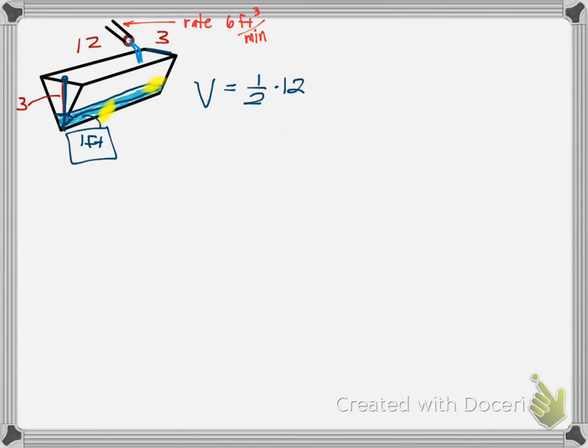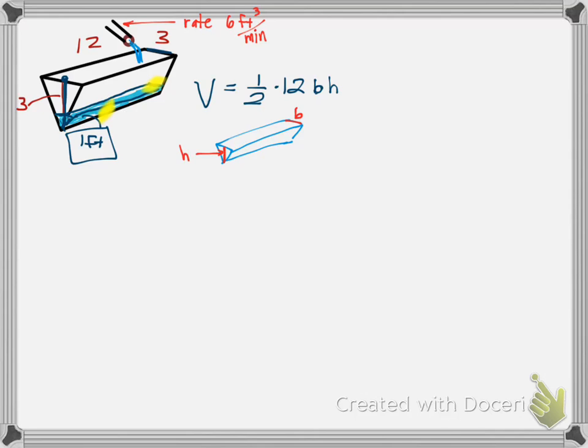So those are my two variables. I have the width, which we're going to call the base of the triangle, and the height of the triangle. Really, we're looking at just the water in that trough, and we have the base of that water, which would be this line, and the height of that water, which would be that line.